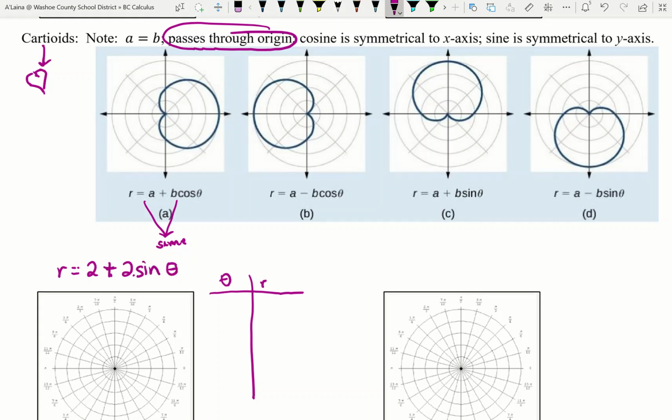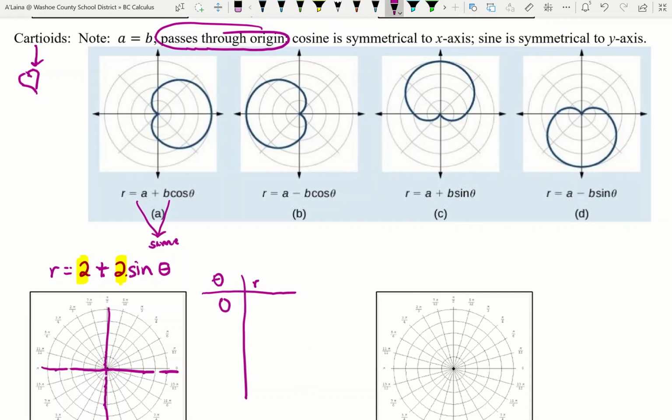Notice that A and B are the same values. Now, because it's sine, it's going to be symmetrical along the y-axis. And because there's a plus here, I'm thinking it's going to be primarily up on the top part, with dipping a little bit beneath. But let's just plug some angles in here. I'll do the quadrantal angles and see what happens.